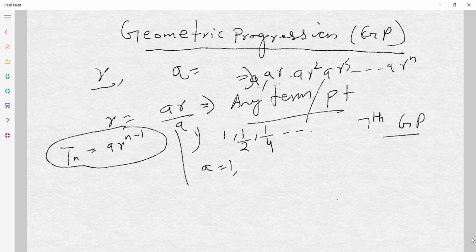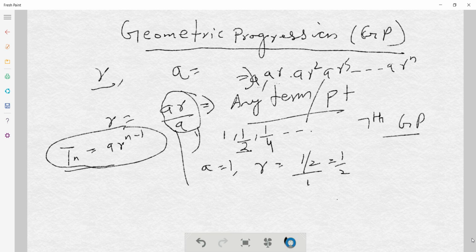A equals 1. Now R. From this equation, R equals AR divided by A, so AR is 1 by 2, divided by 1. This becomes 1 by 2. Now use the equation Tn equals AR to the power n minus 1.